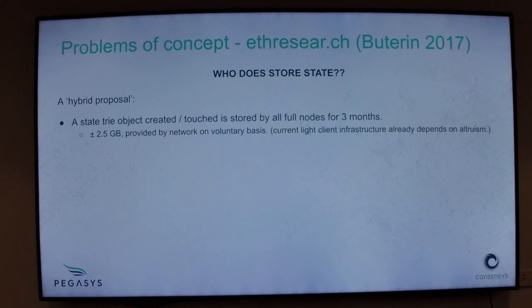So we're really relying on this sort of altruistic behavior of people. But what people are saying is that the current light client infrastructure already relies on altruism, so they believe that shouldn't be a major problem.